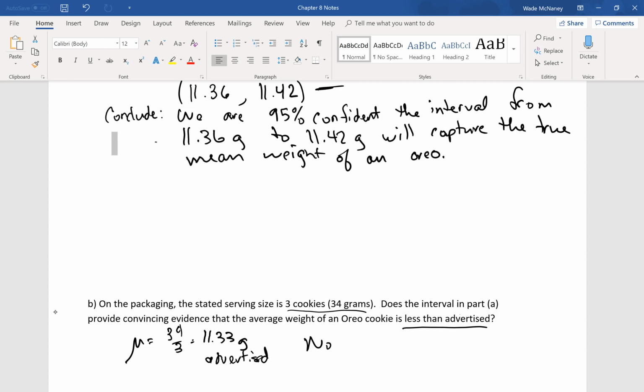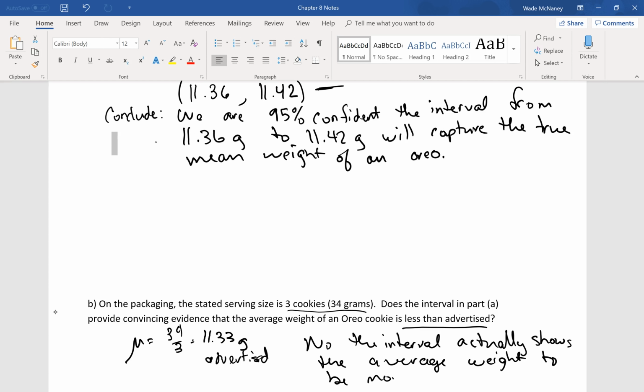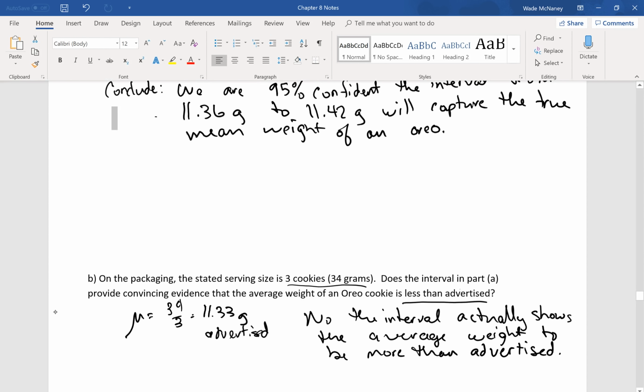So no, the interval actually shows the average weight to be more than what was originally advertised.